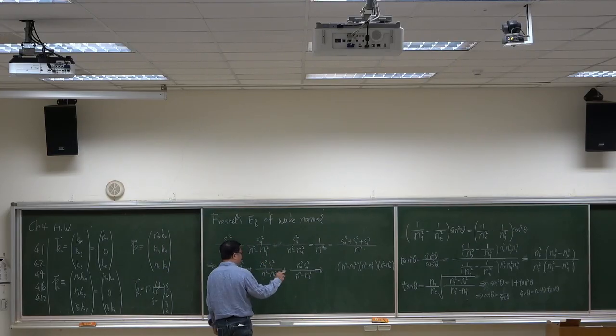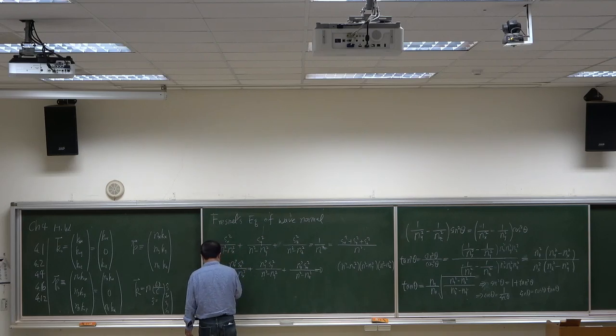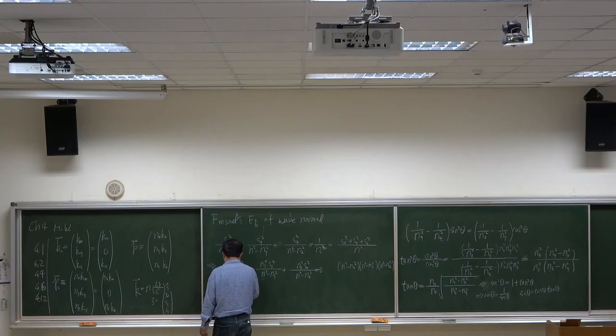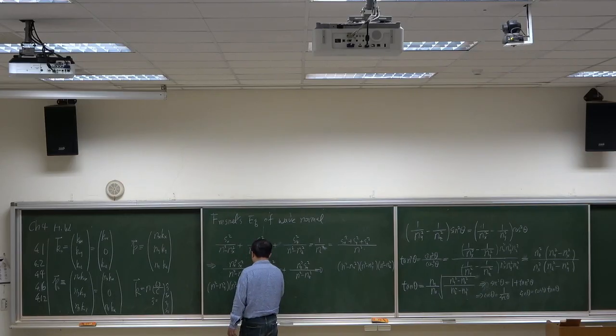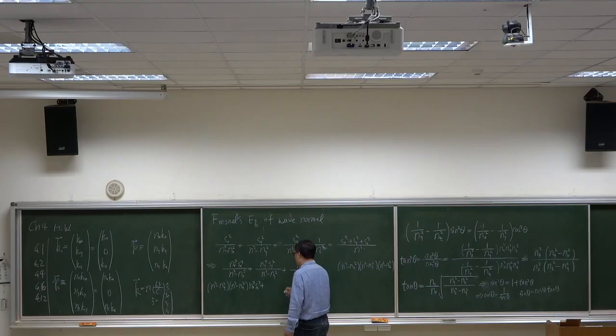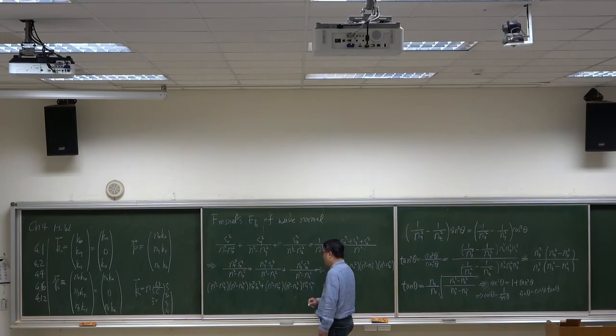They are this: n squared minus ny squared, n squared minus nz squared times nx squared sx squared, plus n squared minus nz squared, n squared minus nx squared, ny squared sy squared, okay?